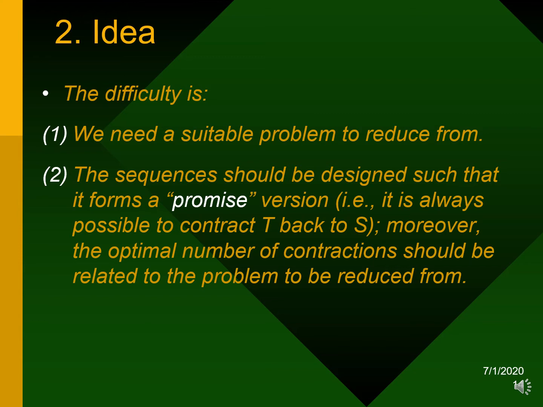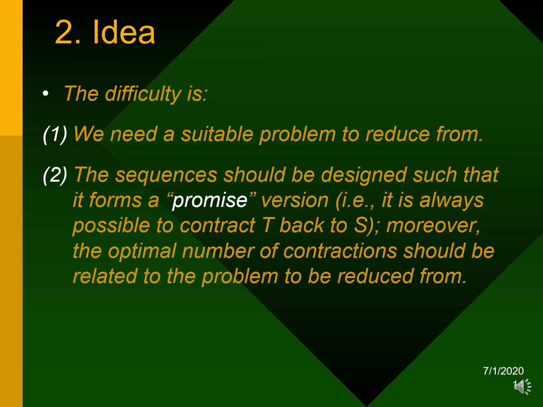First of all, before giving some of the details, let's look at the difficulties. We have two difficulties. The first is we need a suitable problem to reduce from. And the second one is the sequences that we design should form a promise version.